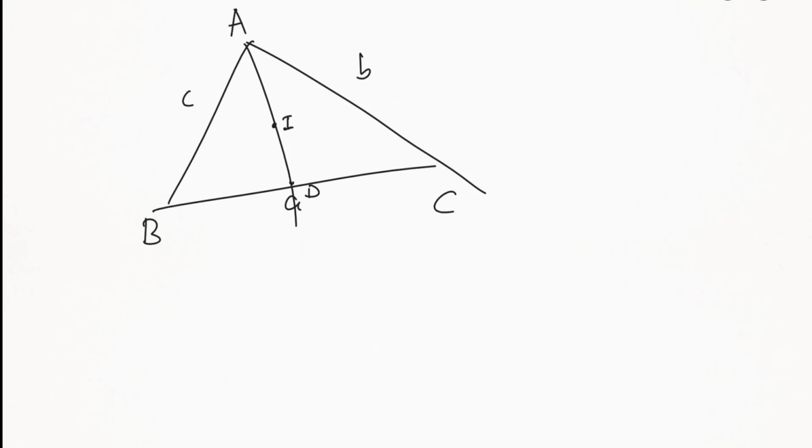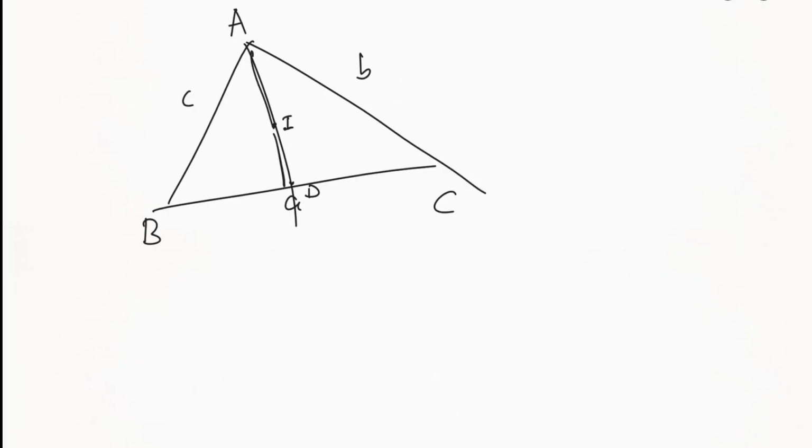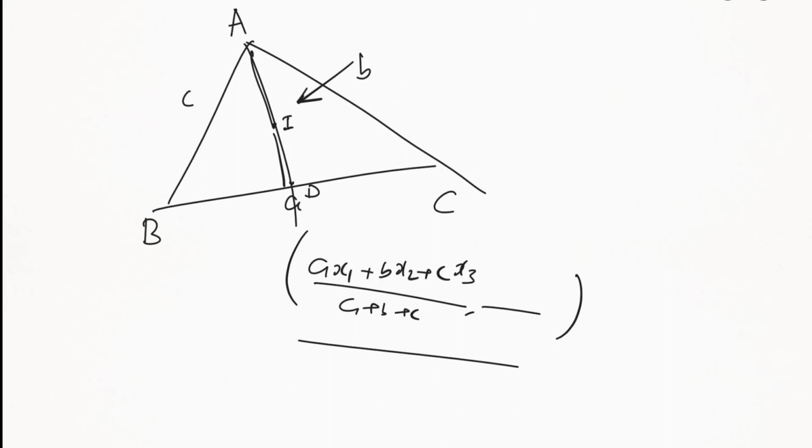And once you know the ratio here, this point we have, right? bx2 plus cx3 over b plus c, and again we know the ratio of the division of AI and ID, so you can easily figure this out, and this point will be (ax1 plus bx2 plus cx3) over (a plus b plus c), and similarly for the y coordinate also.